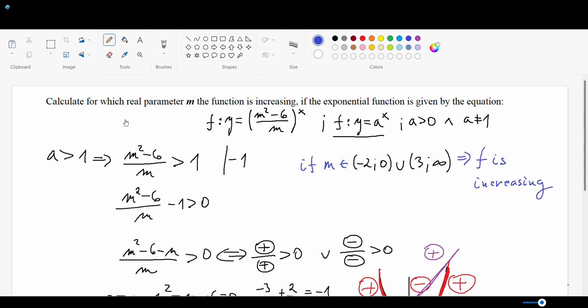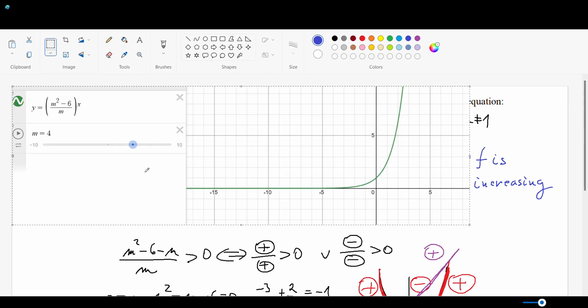For example, I will do it from another direction now. When I was showing you at the very beginning, and I was explaining how the parameters work and what they are good for, I took m being 4, and as you can see, this is the print screen from Desmos.